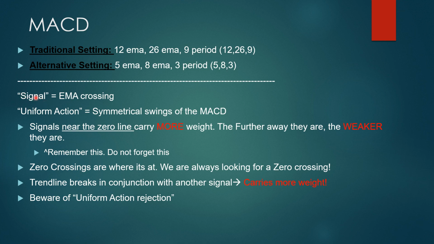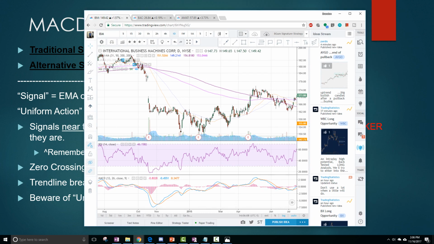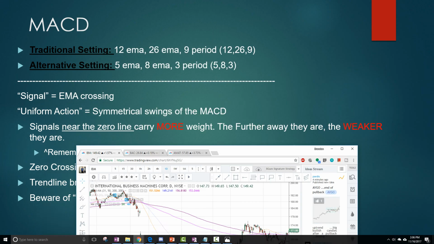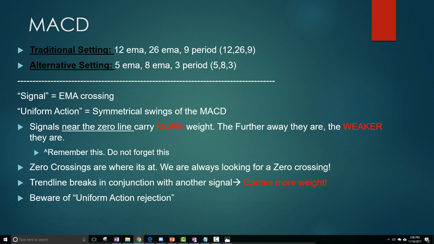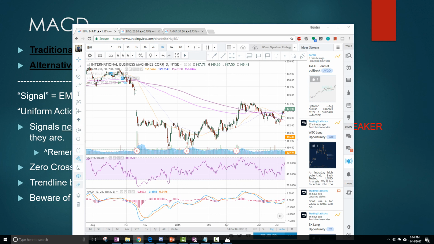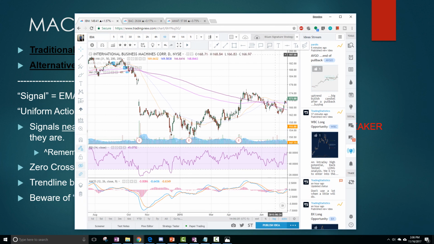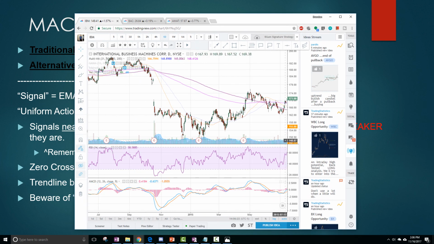Okay, so let's just get our terms correct here. When I say there's a signal crossing, that means the moving averages are crossing. So this would be a signal crossing right here. When I say uniform action, that means there's a symmetrical swing of the MACD.